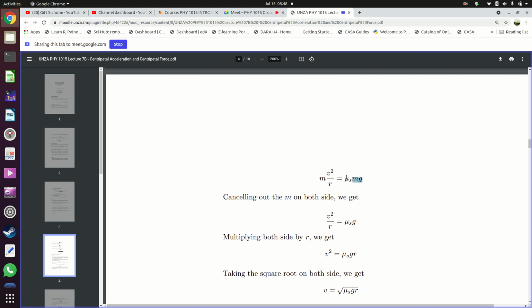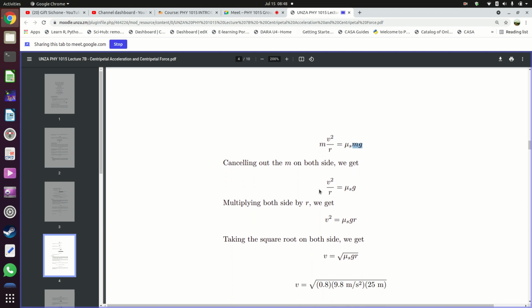When you cancel out the m's, you remain with v squared divided by r equals mu, the coefficient of friction, multiplied by g. In this relationship, v squared divided by r, then mu, then g, there is no mass.